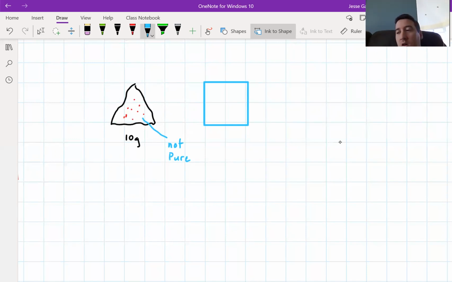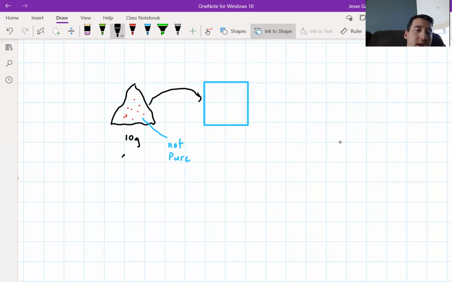Now, if it's not pure, then the 10 grams is not the substance that you want. If you go ahead and mix it in and dissolve it up, you can think, oh, I've got 10 grams of my solute in 0.25 liters of solution, but you don't. You have less than that, because some of the grams are the red particles.